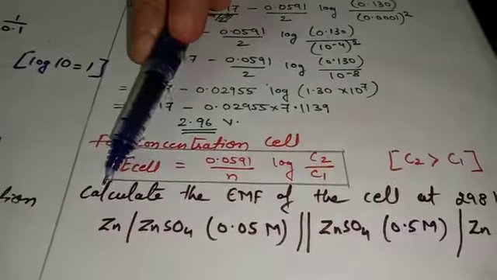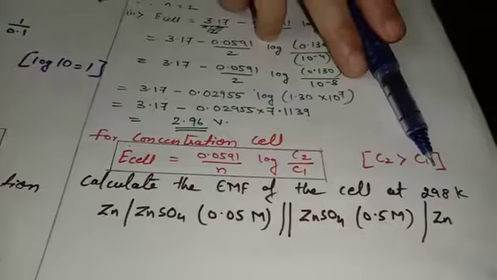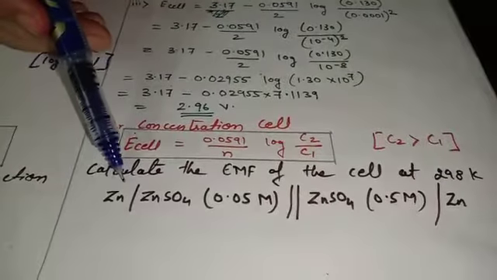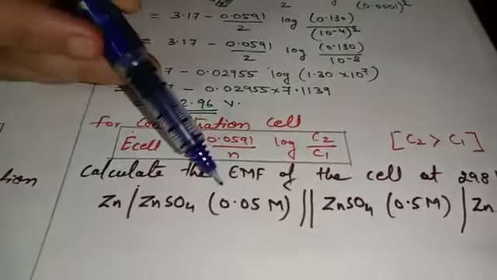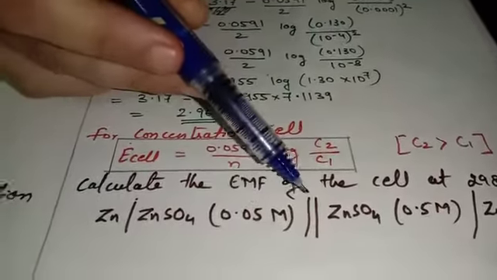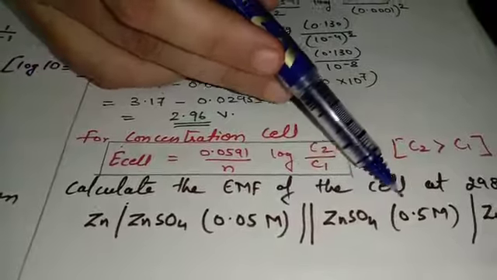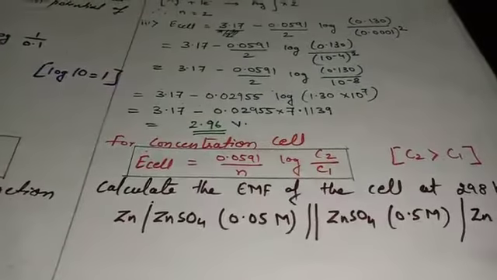Now question: calculate the EMF of the cell at 298 Kelvin. The cell representation is given: zinc / zinc sulfate 0.05 molar // zinc sulfate 0.5 molar / zinc.